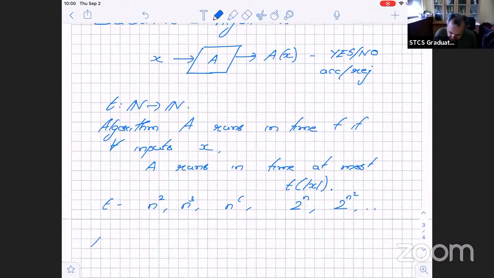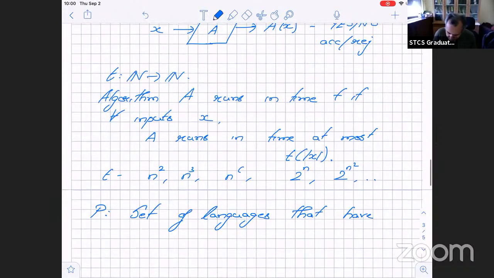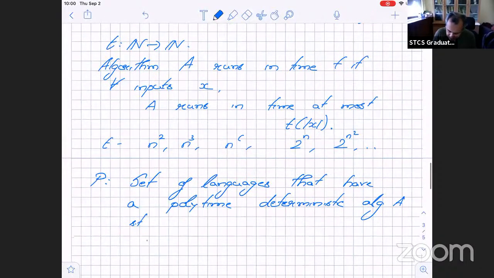The class P is just the set of languages that have a polynomial time, or polytime, deterministic algorithm A such that if X is in the language, then the algorithm A of X accepts.